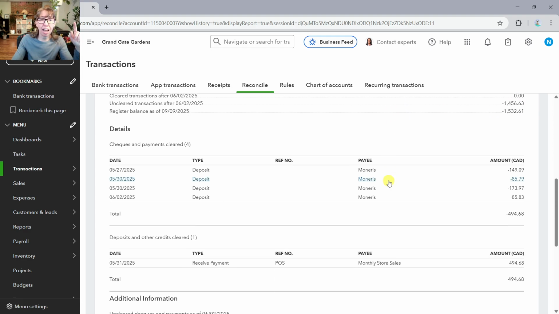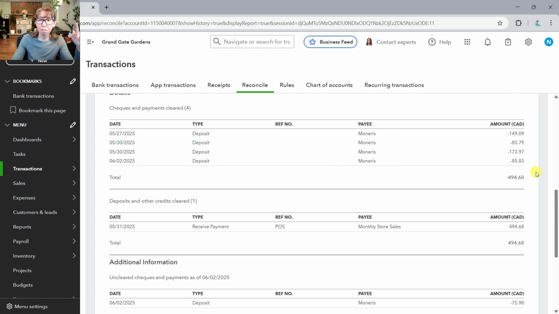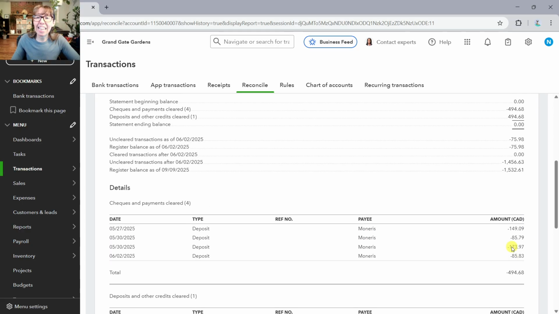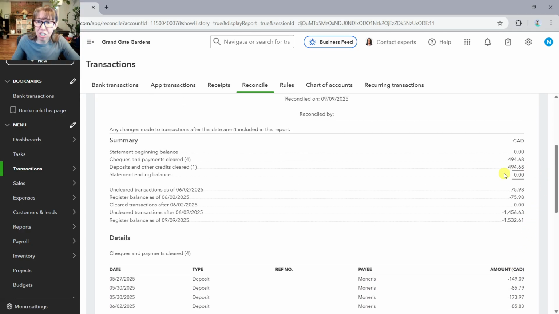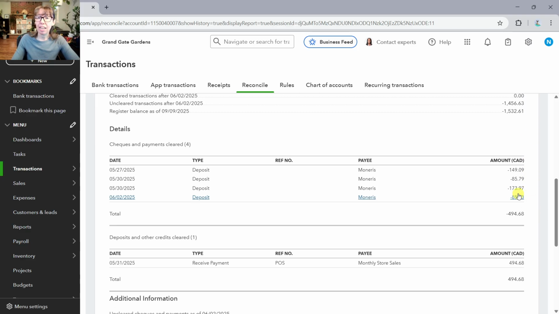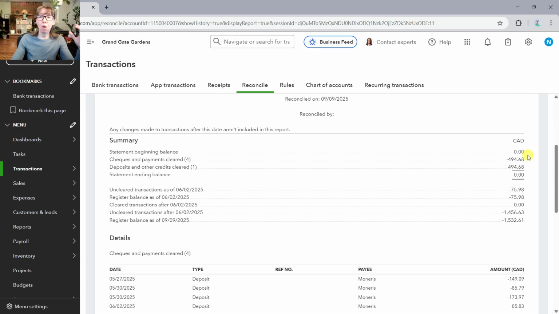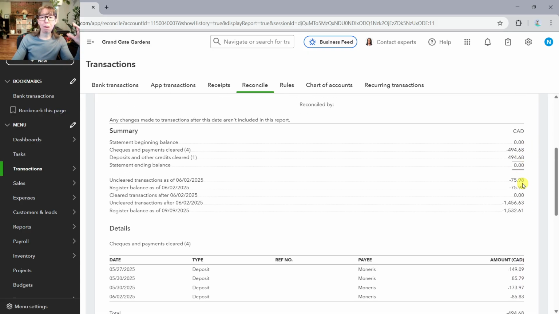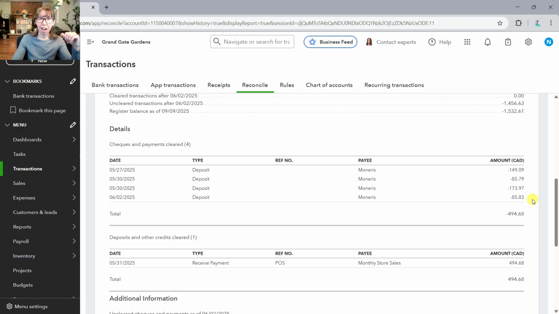That is because we couldn't click off just $85.83, as it's like a bigger number. In this scenario, we would actually have to put a statement ending balance of negative $85.83, indicating that we've gotten almost all of it, but we're still waiting on $85.83.